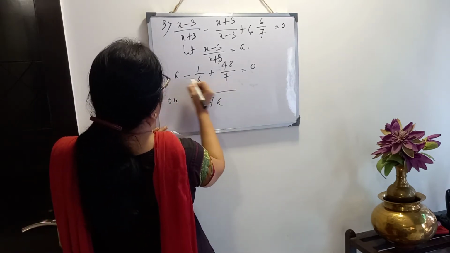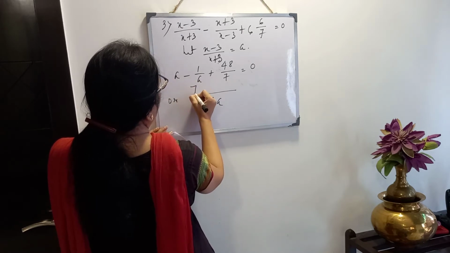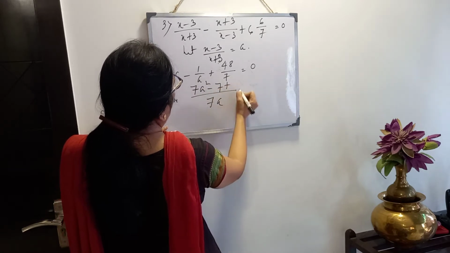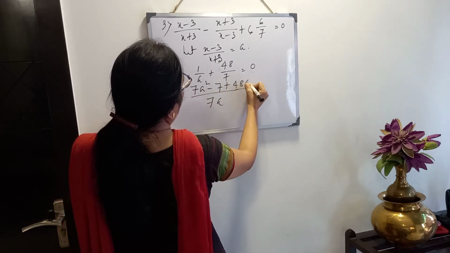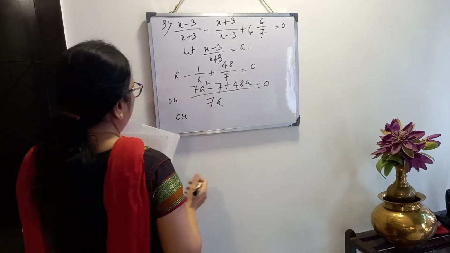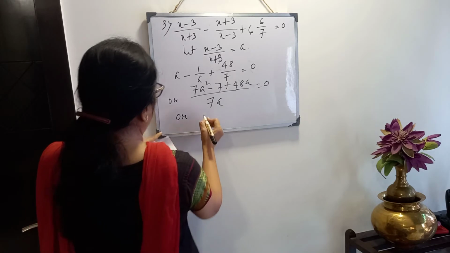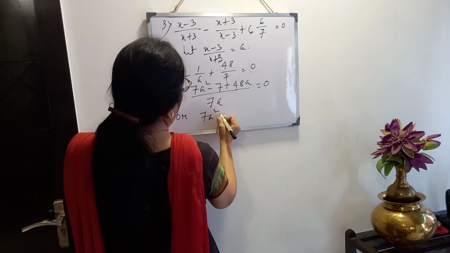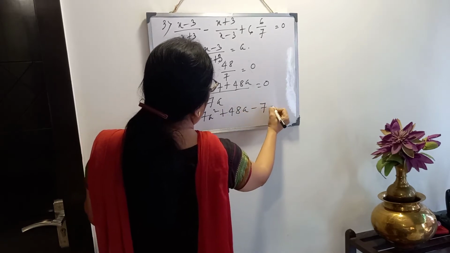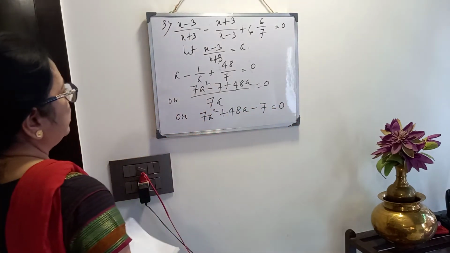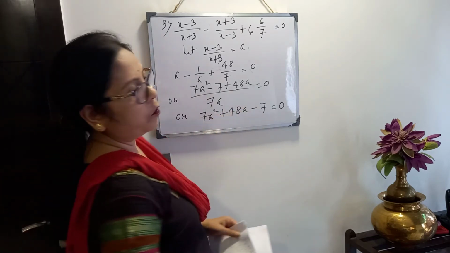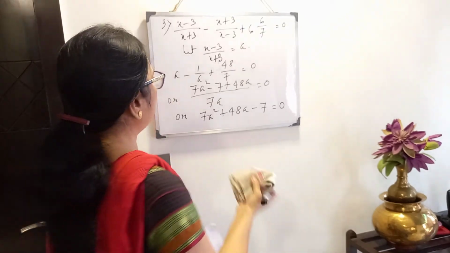7a LCM, it is becoming 7a square minus 7 plus 48a equals to 0. After cross multiplication, it is becoming 7a square plus 48a minus 7 equals to 0. Now middle term, 7 7 are 49. So middle term will come plus 49 minus 1.